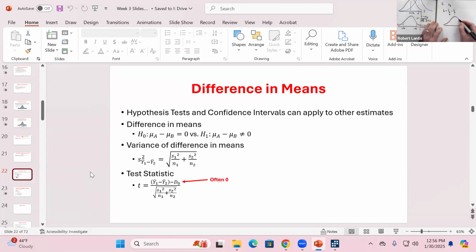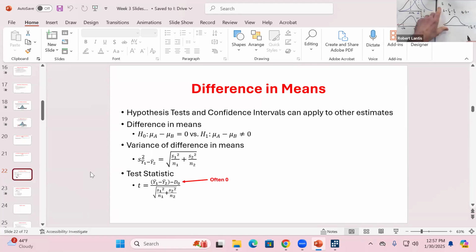So what we're going to do when we test for differences in the means of two groups, if I just want to know, is there a difference? What am I going to assume the true population difference is? Going back to 370, when we make these assumptions, we always try to stack the deck against ourselves. So if I think there's a difference between anthropology and econ majors' GPAs, I'm going to start out assuming that the difference is equal to what would be the opposite of that.